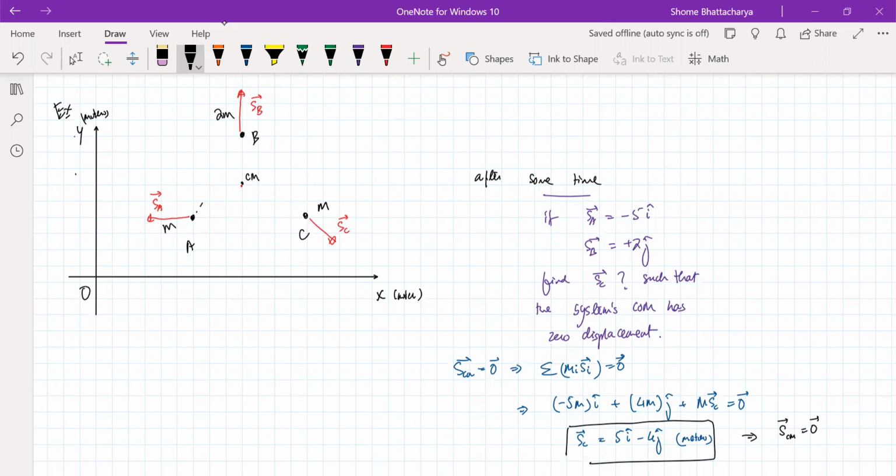So originally our system was three particles at the corners of a triangle like this, so that the center of mass is somewhere here. After some time, this has moved by 5, gone somewhere here. In comparison, this has moved only 2. So let's make this a little bit smaller.